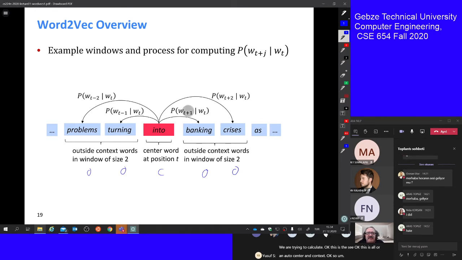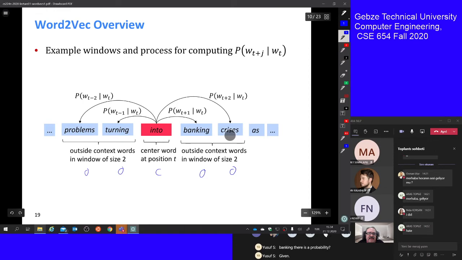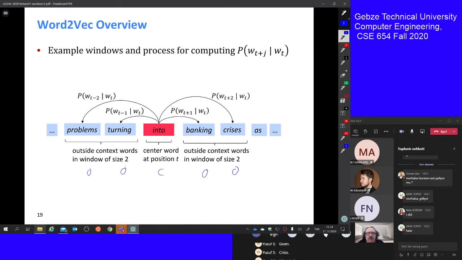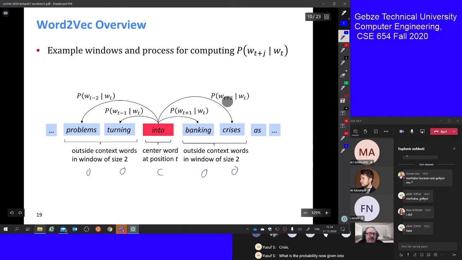So these are the probabilities. Given WT, what is the probability of banking? Given into, what is the probability of banking? Given into, what is the probability of crisis?